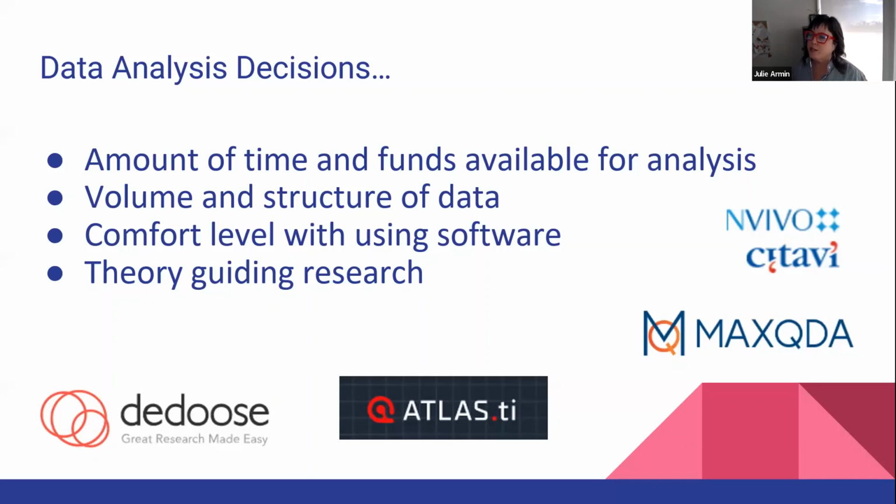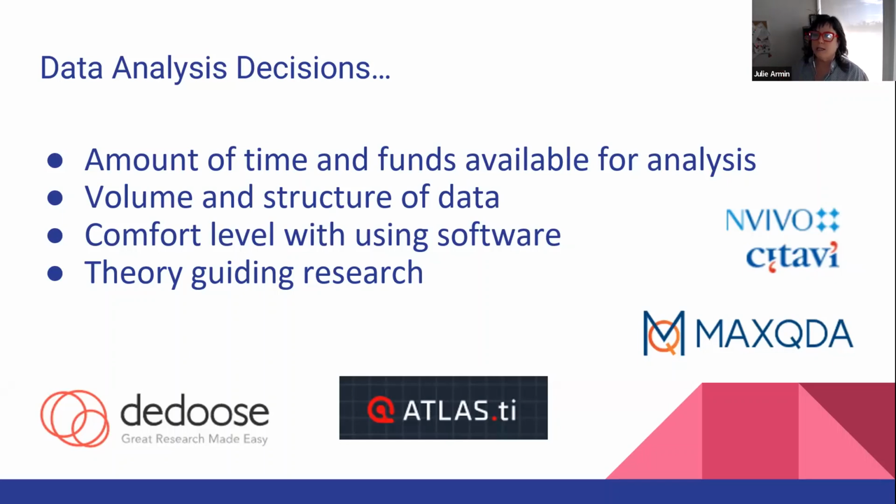And so, as I mentioned, we're trying to get you thinking about the resources that you might need, human and otherwise. So along the bottom of this slide, you'll see a number of qualitative data analysis software programs: Dedoose, Atlas.ti, NVivo, MaxQDA. They can be somewhat costly.